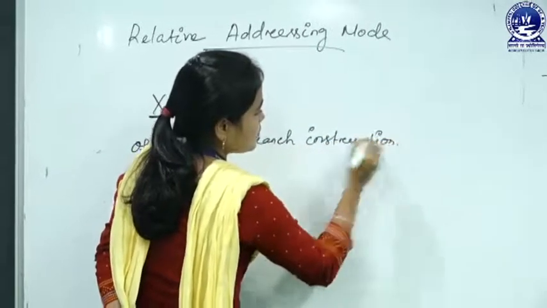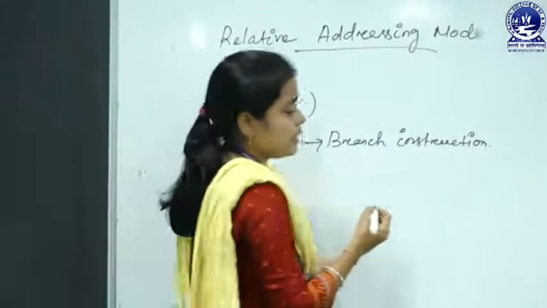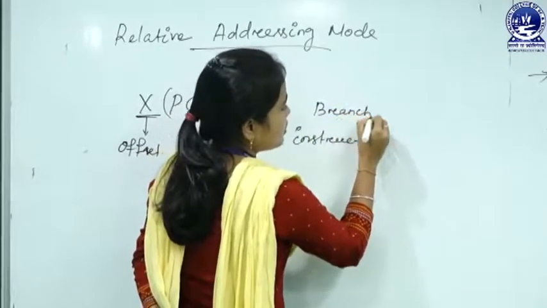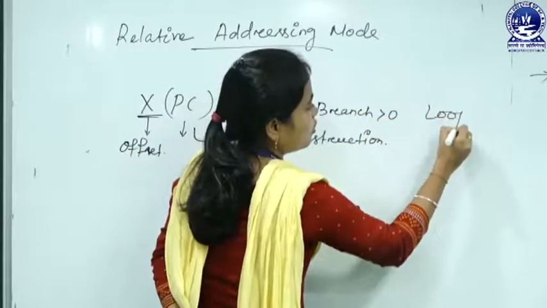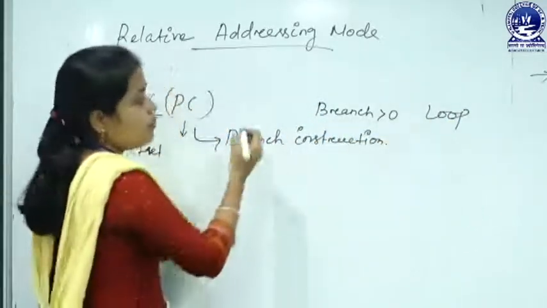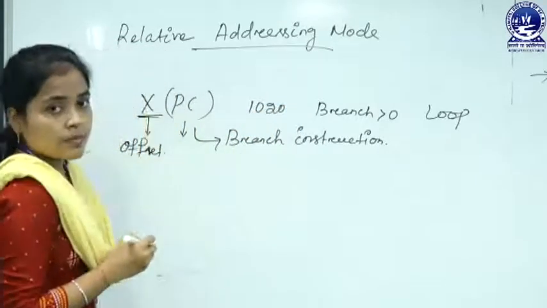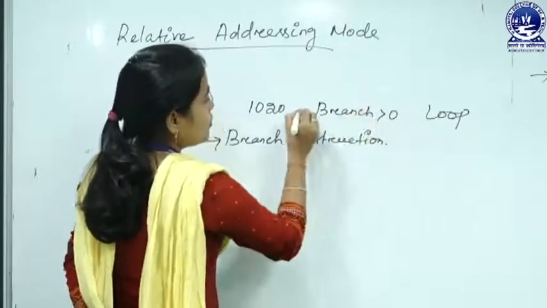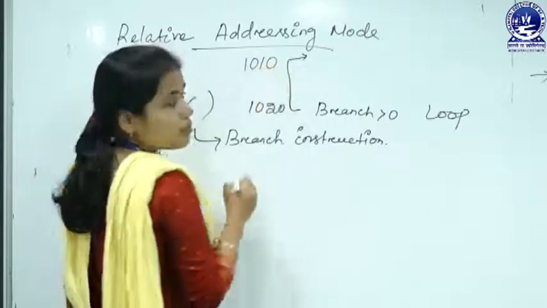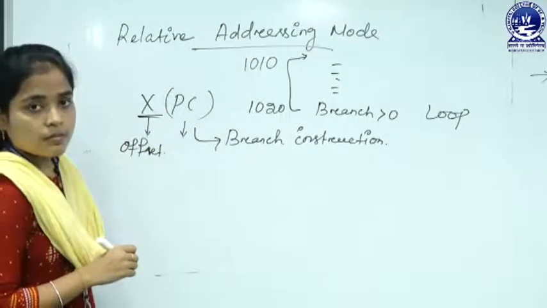So, in the previous assembly level language program, I wrote branch greater than 0, you have to go to loop. Let this branch greater than 0 loop be stored in memory location 1020, and this loop label points to, let's say, memory location 1010, and in between we have some instructions.